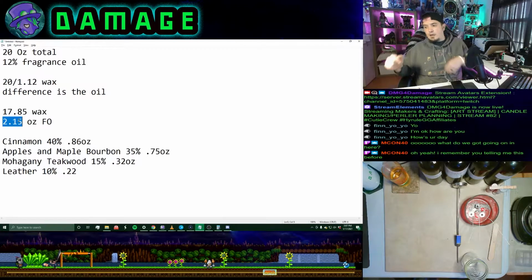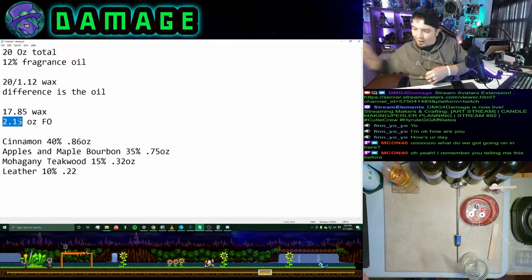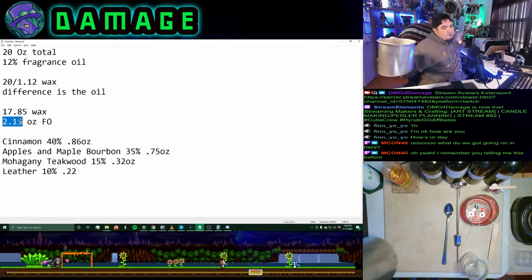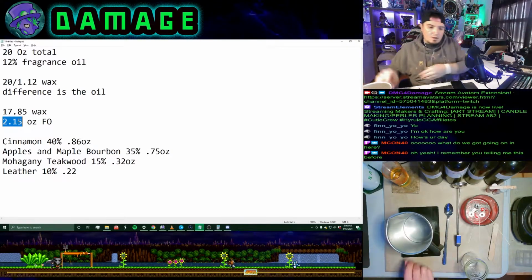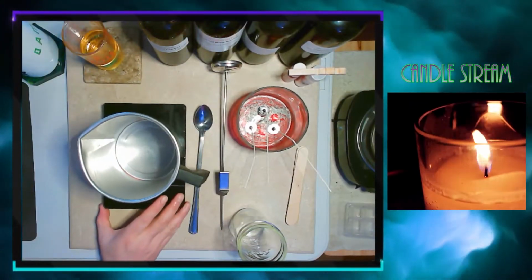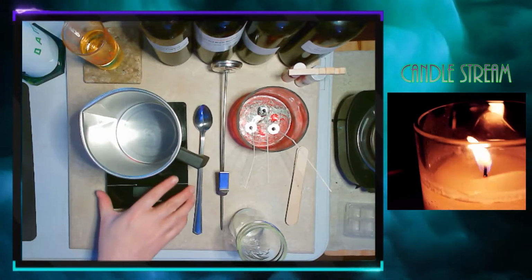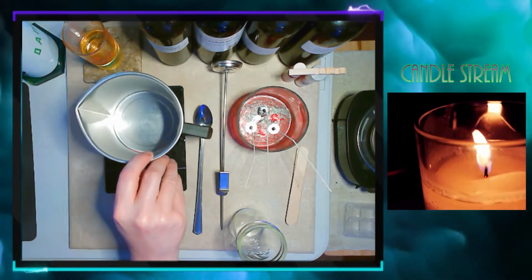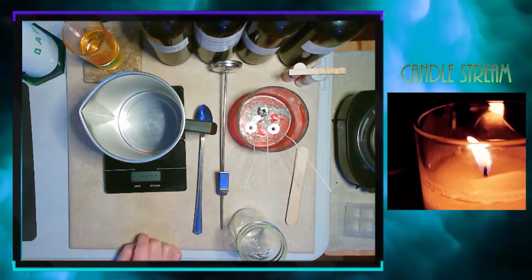I got my oil measured out. We're gonna go ahead and measure out our wax. So I need 17.85. 17.85 is what I need. So there is my number here. Tear it off.